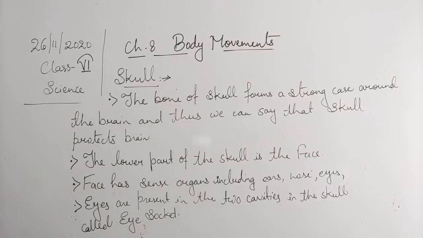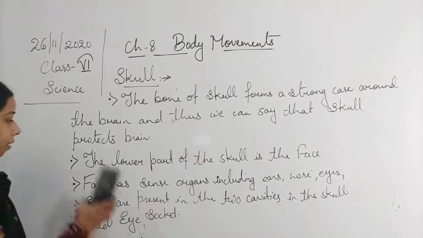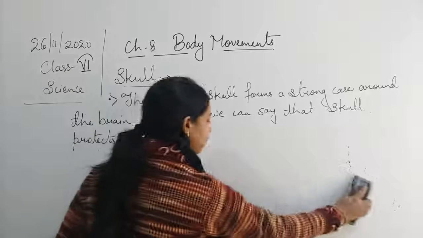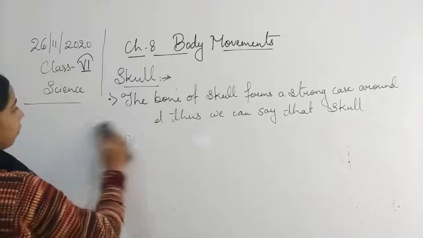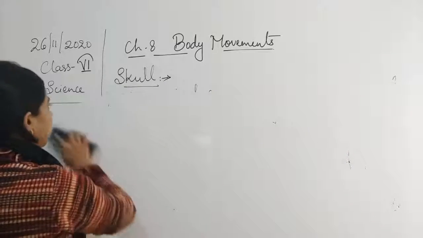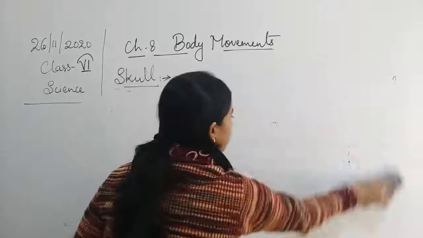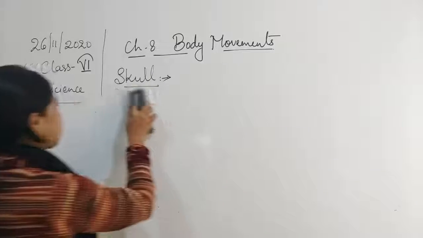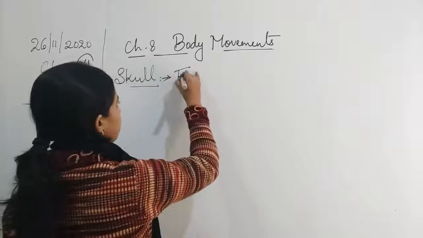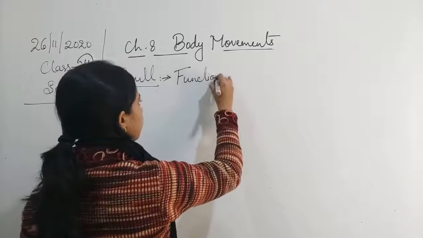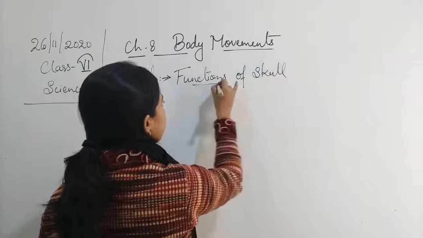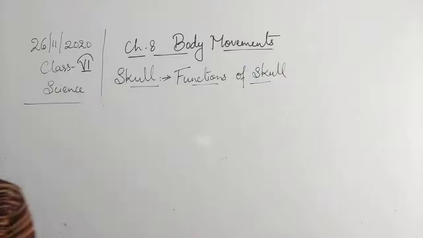Now let us see what the different functions of the skull are. By knowing the skull, we are able to tell what its functions are, students. So let me remind you of the functions of the skull. What is the function of the skull?